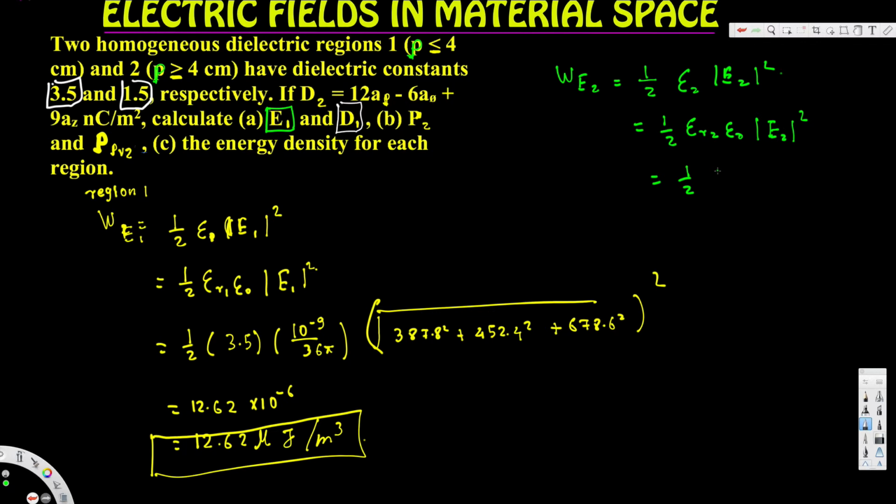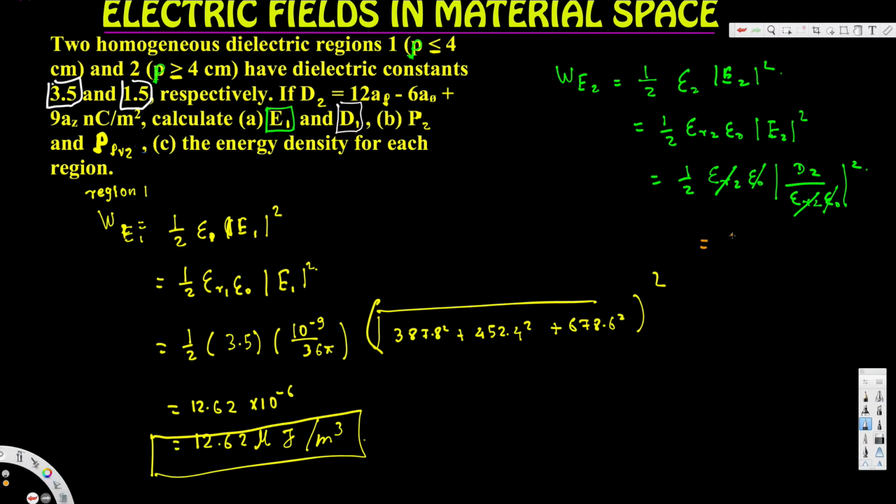We can do another thing for E2. Instead of putting E2, we can put D2 divided by epsilon R2 epsilon naught, squared. In that way we will cancel this epsilon naught and also this epsilon R2.